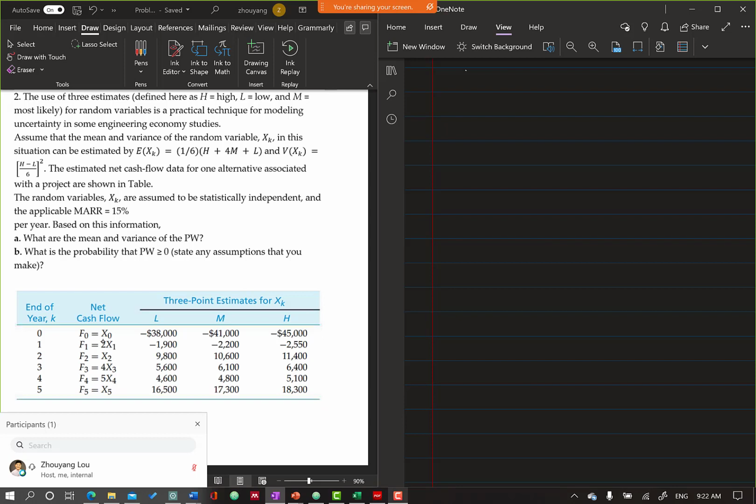For the first part, we are asked to calculate the mean and the variance of the present worth of all these cash flows. To do this, we just calculate year by year. K denotes the year.